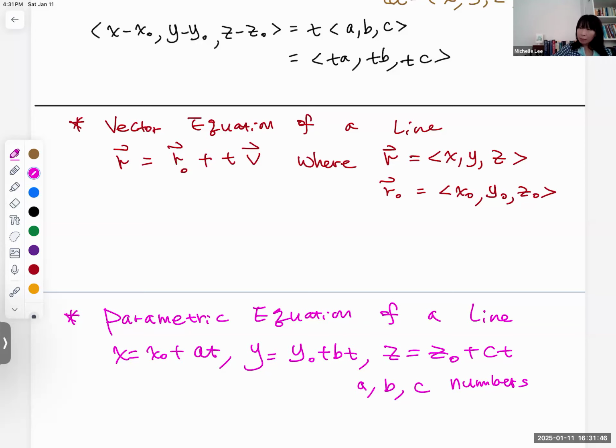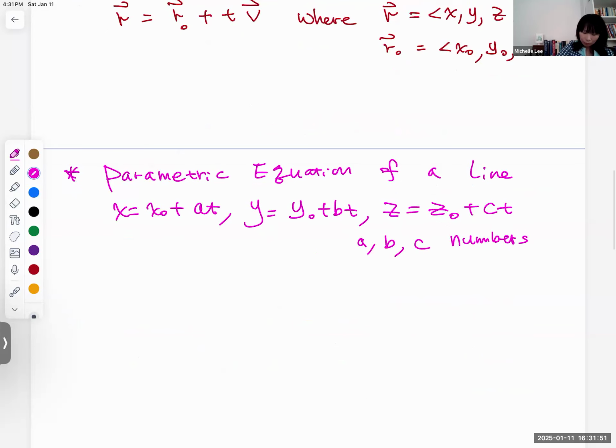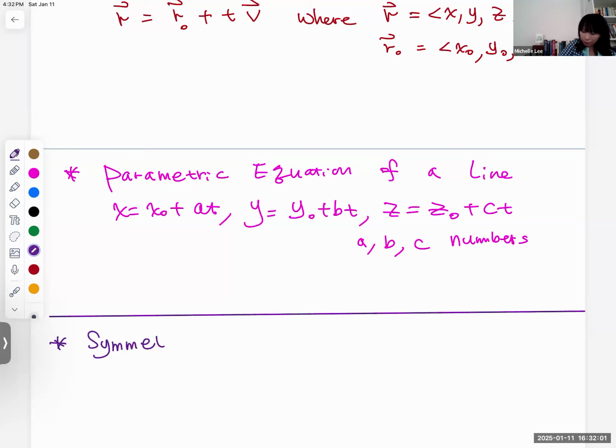Okay, now the symmetric equation of a line.